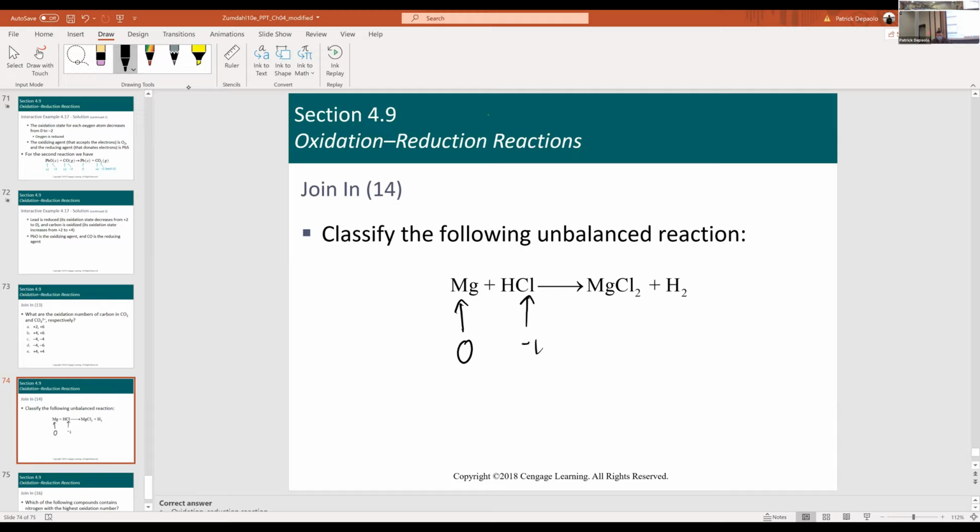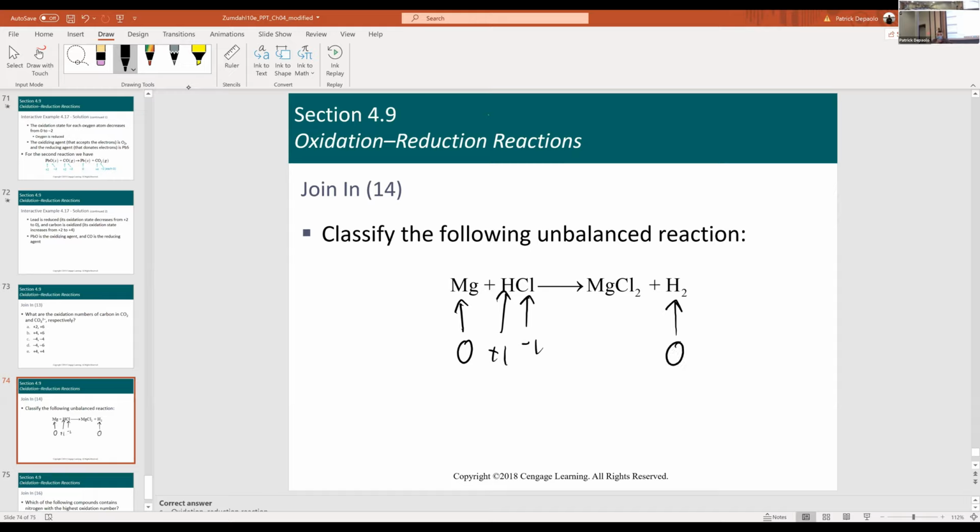Good, -1. Hydrogen, +1. Nice. Hydrogen here, what's hydrogen here? I hear a lot of numbers. So elemental form, 0. Yes, it's in its elemental form.